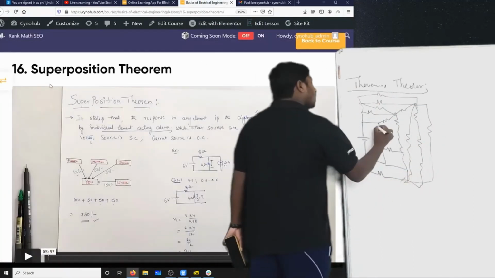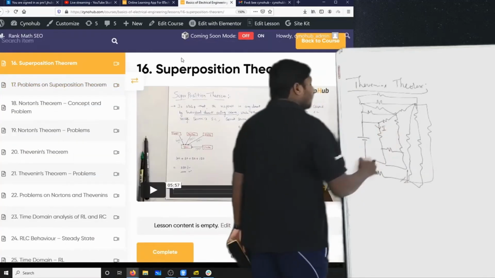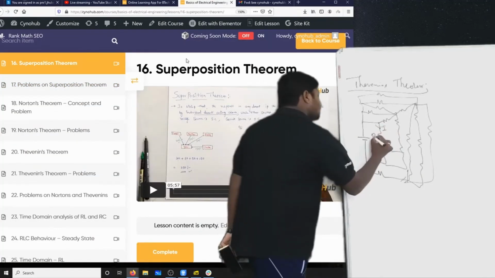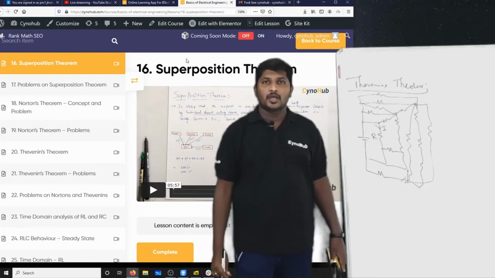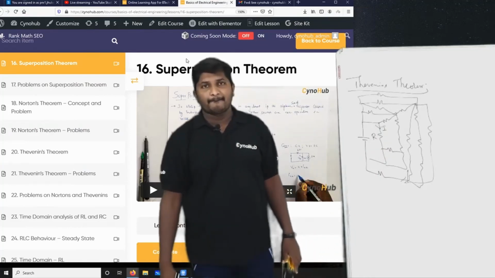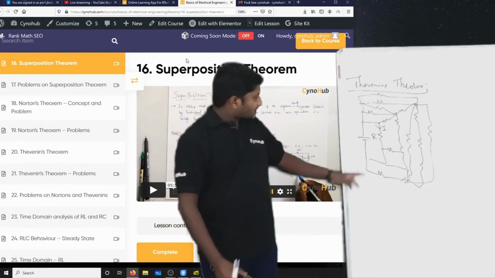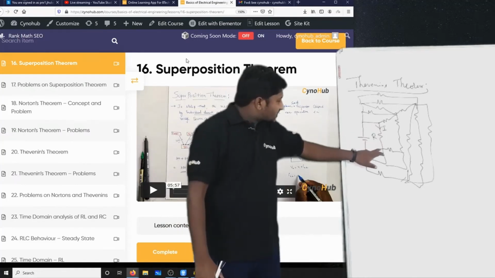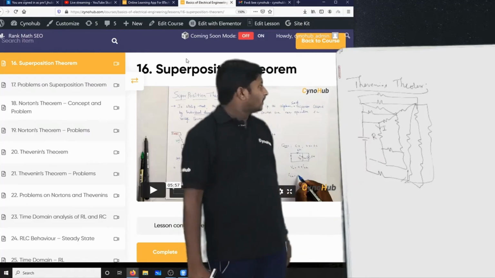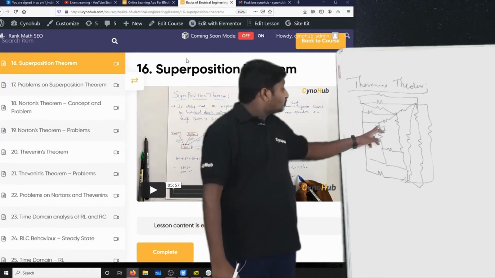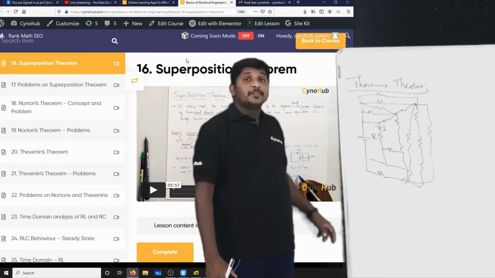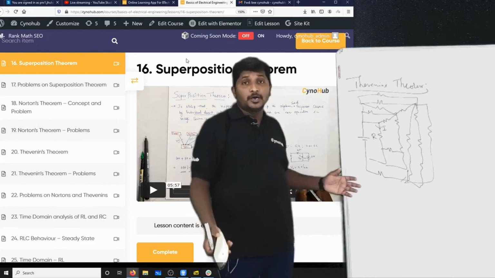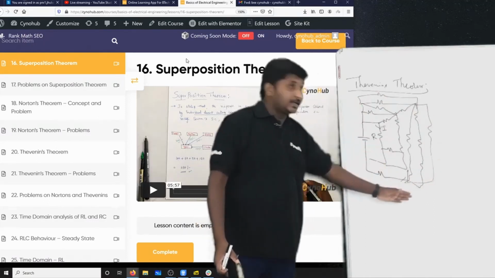And if I ask what is the current flowing through this resistor R? This is the total circuit diagram.